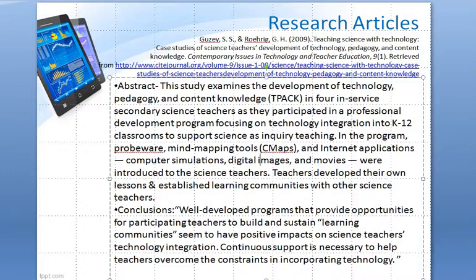Continuous support is necessary to help teachers overcome the constraints in incorporating technology. And so we see there that teachers can't do it in a bubble. They need help. They need training, practice, talking to other teachers, continuous support.